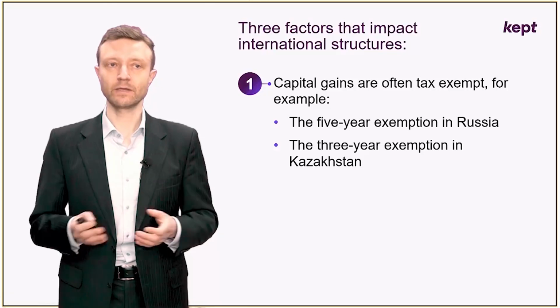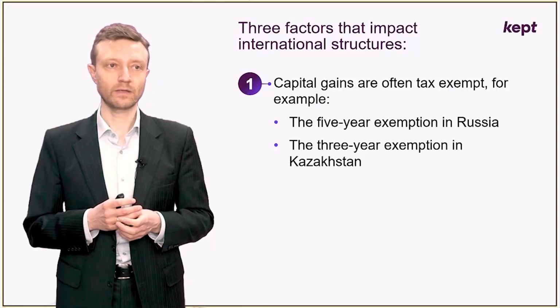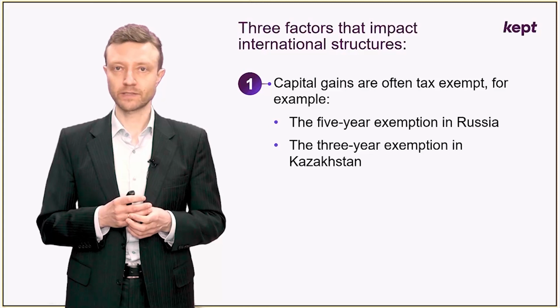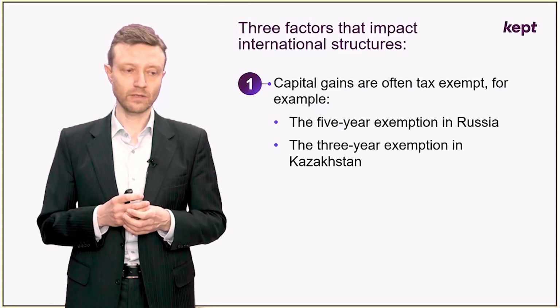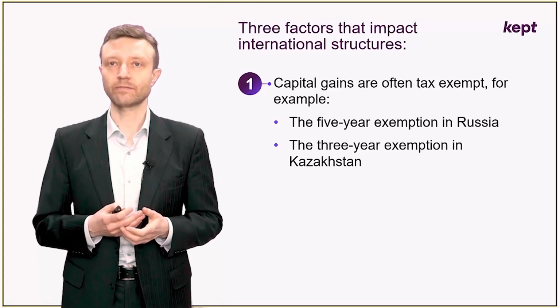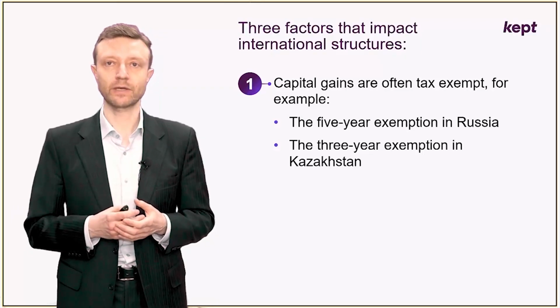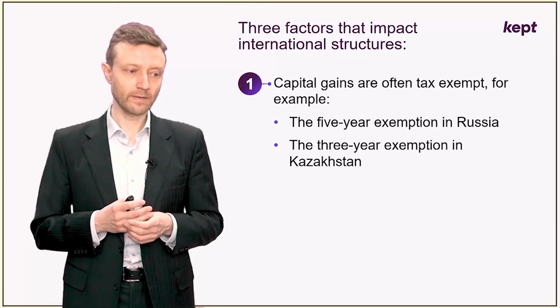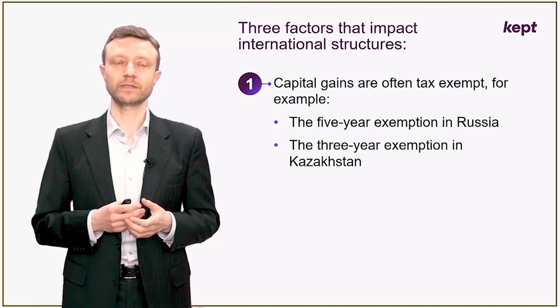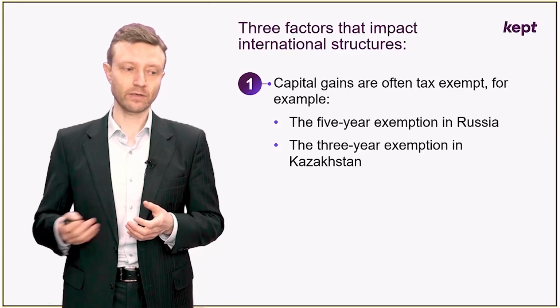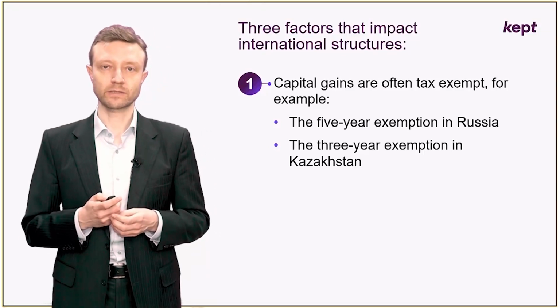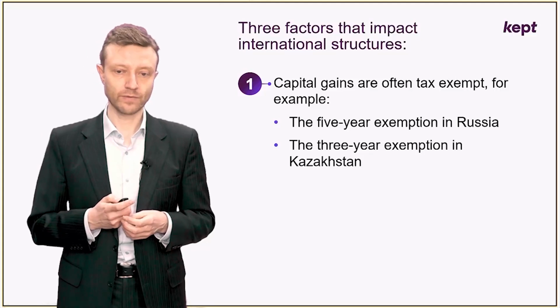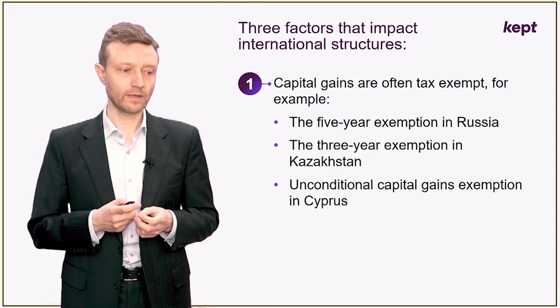Then there is a so-called 3-year exemption in Kazakhstan. There are limits to it. It doesn't apply to companies that conduct subsoil activities, that have natural resources and subsoil licenses, for example. But still, in many instances, after a 3-year holding period, a subsidiary in Kazakhstan can be sold without taxation of capital gains.